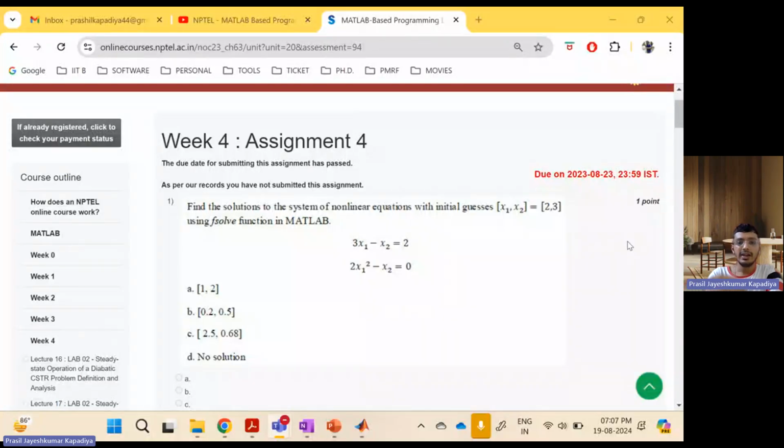It says to find the solutions of the system of nonlinear equations with the initial guesses x1, x2 equal to 2, 3 using the fsolve function in MATLAB. 3x1 minus x2 is equal to 2. 2x1 square minus x2 is equal to 0.